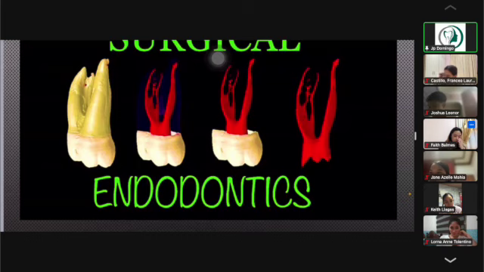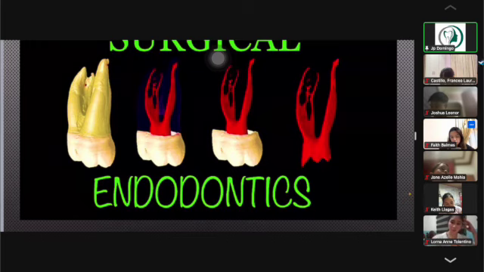Since the procedures are planned and carried out as endodontic procedures through a surgical access, and not a surgical procedure done for endodontic reasons. So it is generally concerned with the diagnosis and treatment of lesions of endodontic origin, which do not respond to conventional endodontic therapy alone or cannot be treated by conventional root canal treatment.